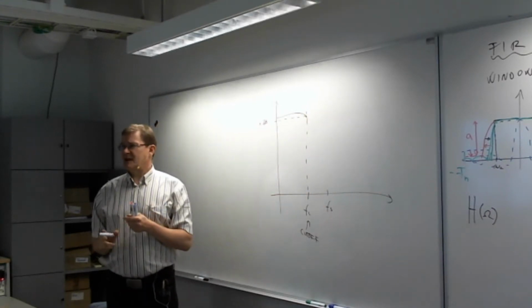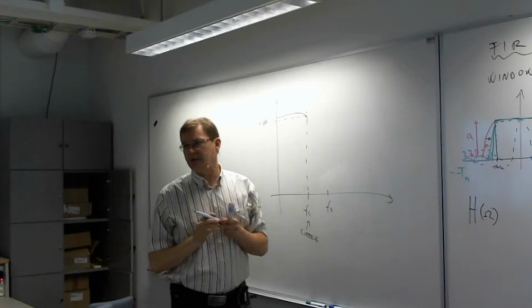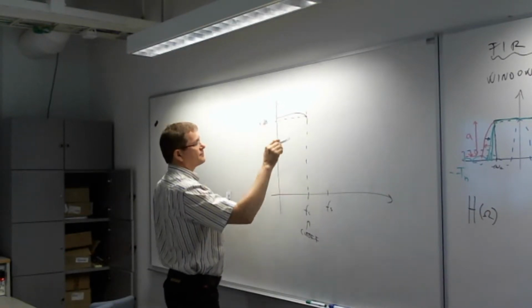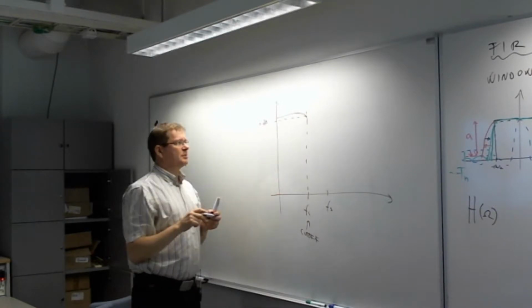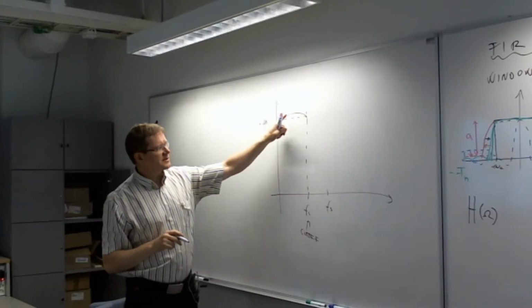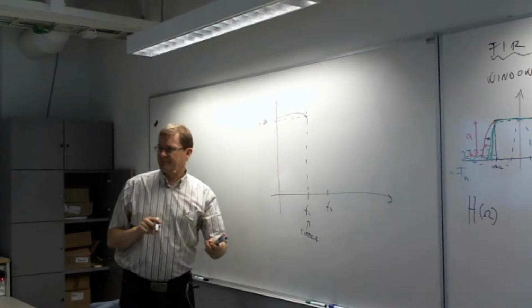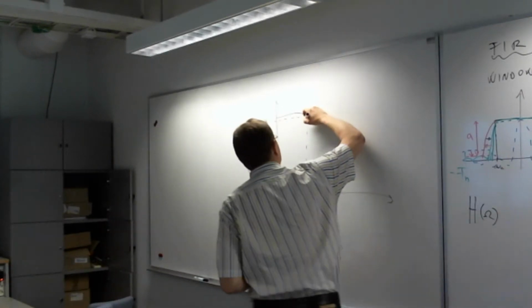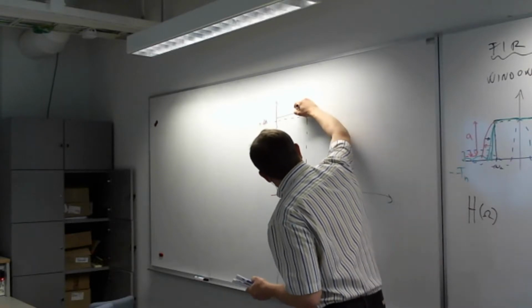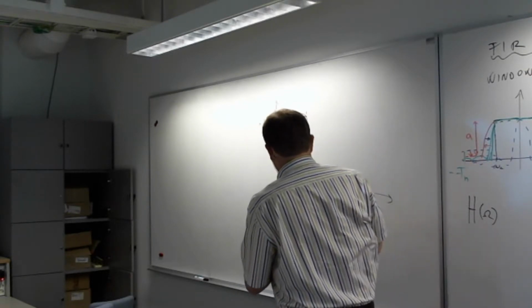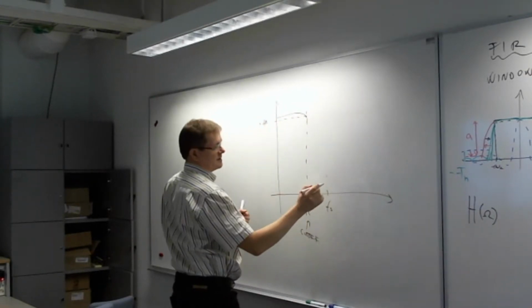It depends on the ripple of the filter, or if it doesn't have any ripple, then it's minus 3 dB. Anyhow, then that's the stop band start frequency.